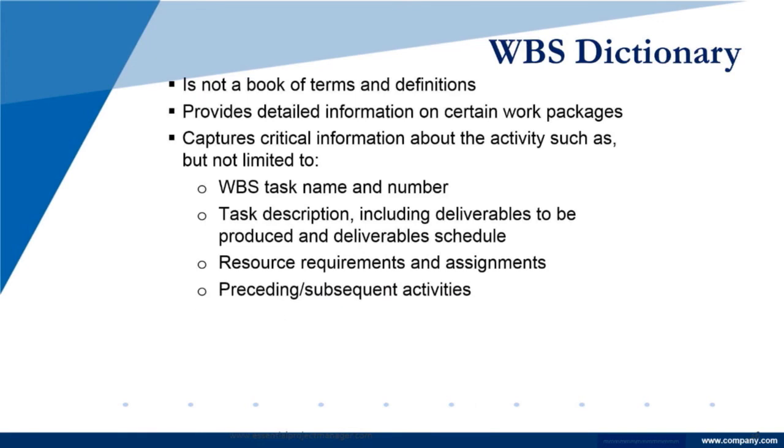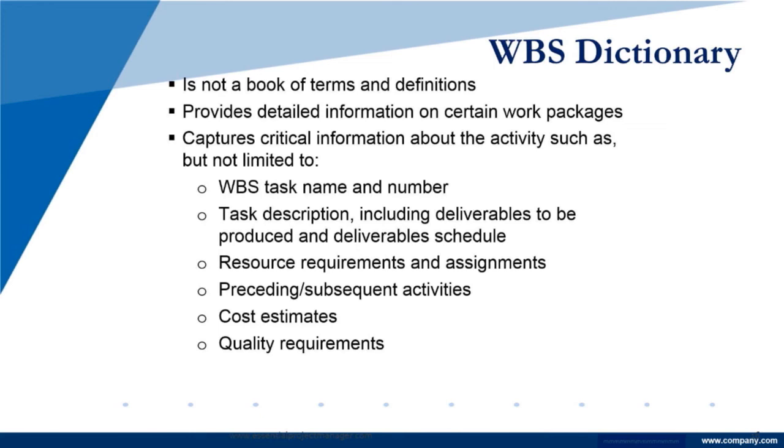If you already know where this fits in to the sequence of it, note it. If you don't know it yet, you don't know it yet. Cost estimates, if you have any. I mean, if you know that a new tire for a truck is going to cost $200, and that's part of your WBS, then note it.